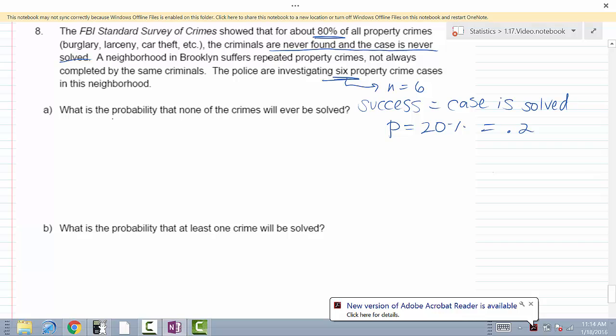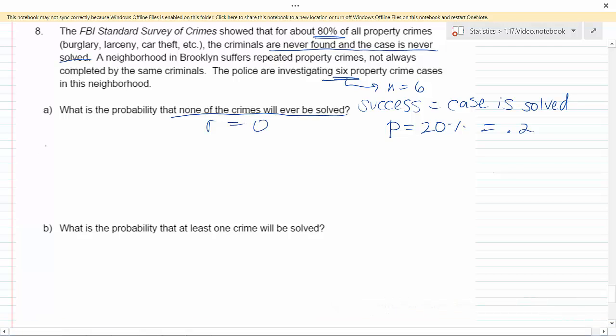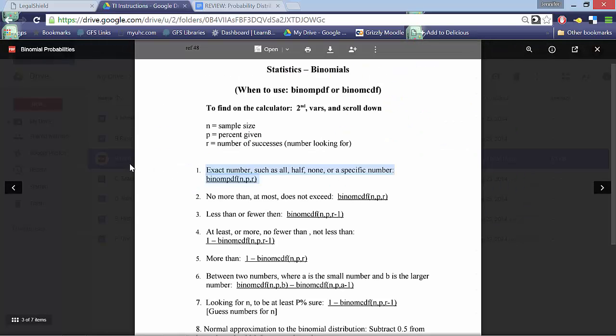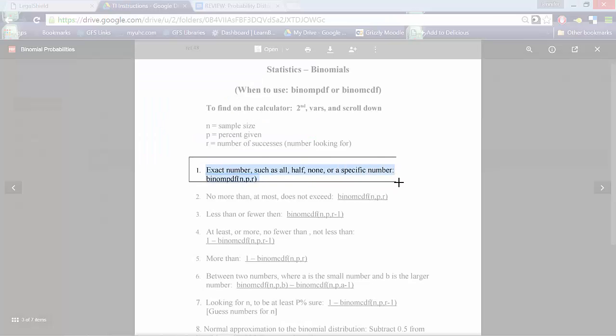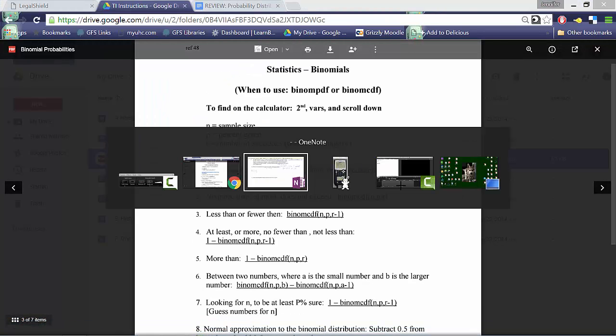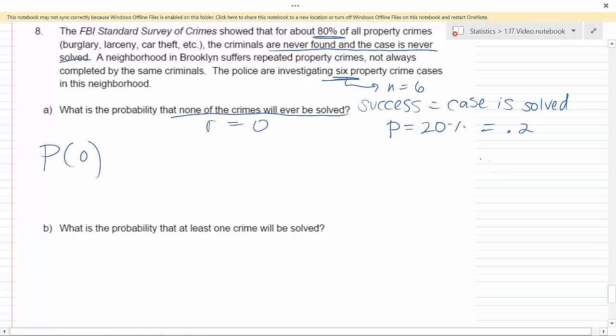In looking at Part A, we're looking for the probability that none of the crimes are solved. So R equals 0. So if we want an exact probability, we can refer back to the calculator sheet that I gave you and look at number 1. An exact number is binomial PDF on your calculator.